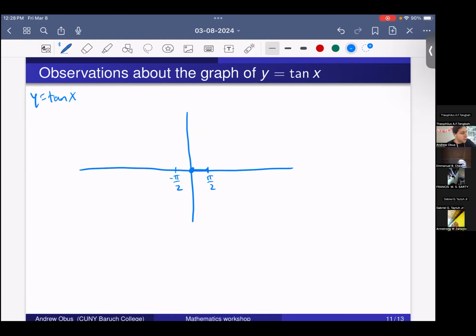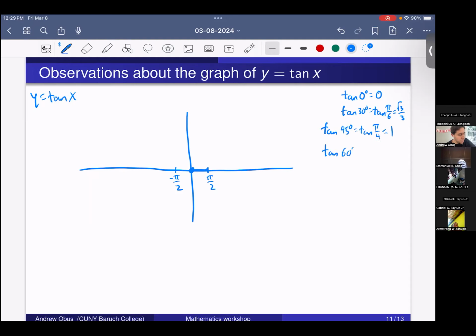So if you go back, remember our special values. Tangent of 0 degrees is equal to 0. I'll do everything in terms of radians. Tangent of 30 degrees is tangent of pi over 6. This was equal to root 3 over 3, about 0.588. Tangent of 45 degrees, which was tangent of pi over 4, was equal to 1.